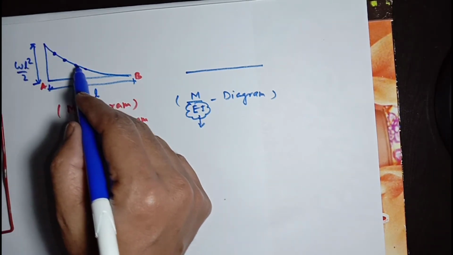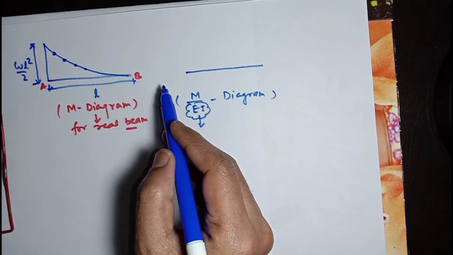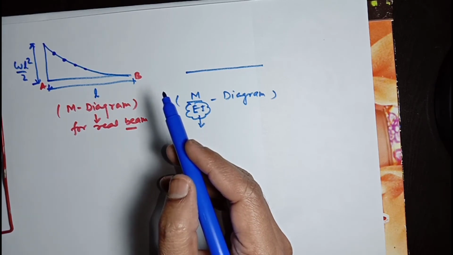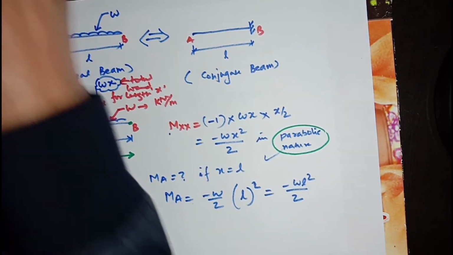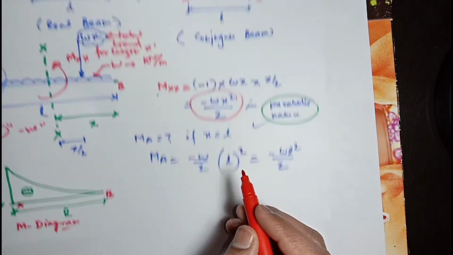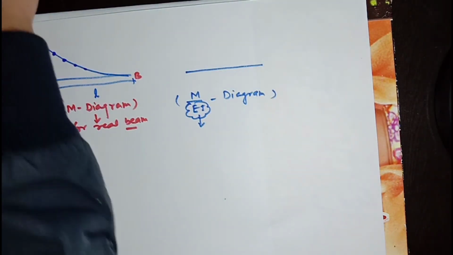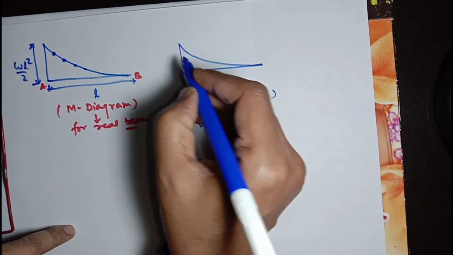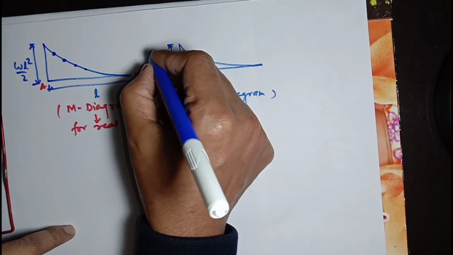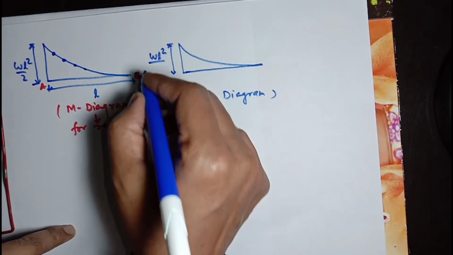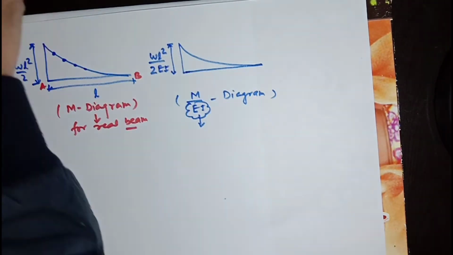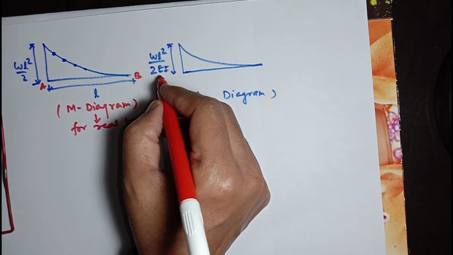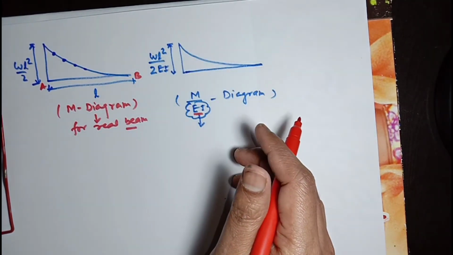The profile will be same, it will be a function of x square, a parabolic curve, Wx square by 2. The value will be lesser than this one. This will be WL square divided by twice EI, because we have divided M by EI. This is the M over EI diagram.